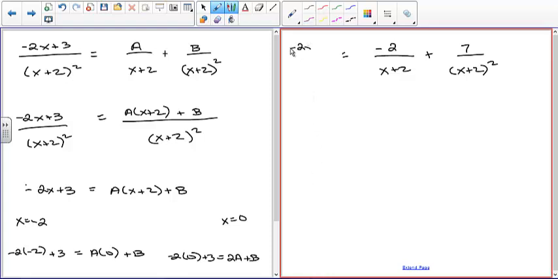And that is the same as negative 2x plus 3 over x plus 2 squared. And again, these are things that we can solve using calculus, which is the other ones we can't.